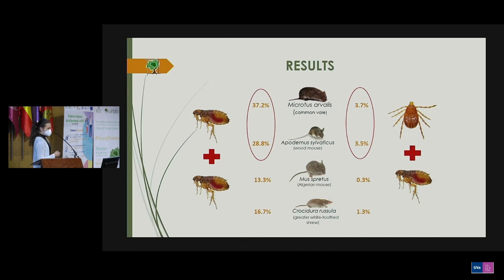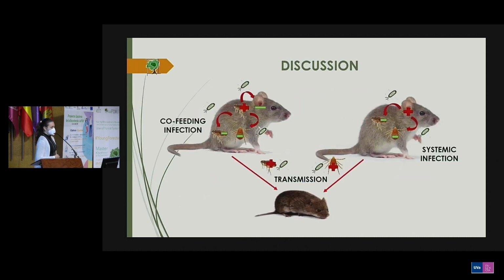This is important because, as we have told you before, we are talking about the ecology of zoonoses. That means that we need to understand the relationships between all the elements. And in this case, we can have the typical infected animal where some ectoparasites are feeding on it and get infected. This is the systemic infection.